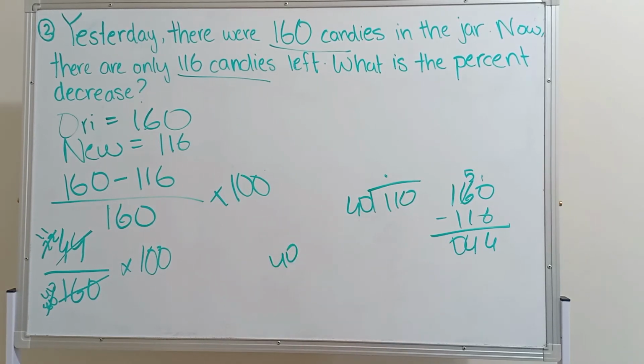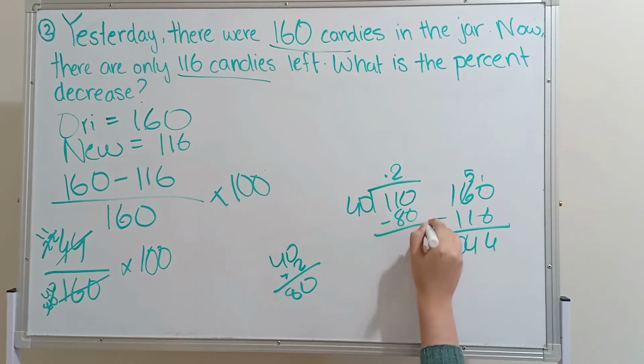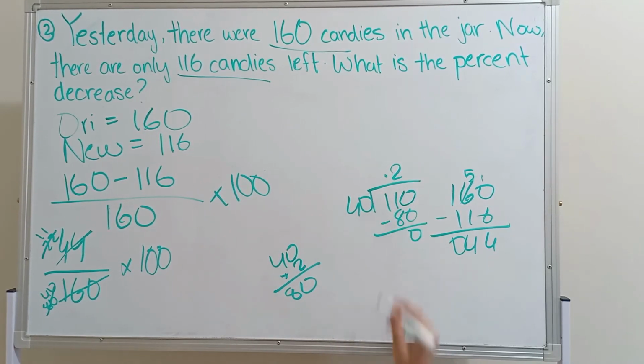The closest is going to be 2 because it is going to be 80, and we subtract, we will get 3 here, and so we put a 0 here because 30 is less than 400, and the closest to 300 will be 40 times 7, which is going to be 28.